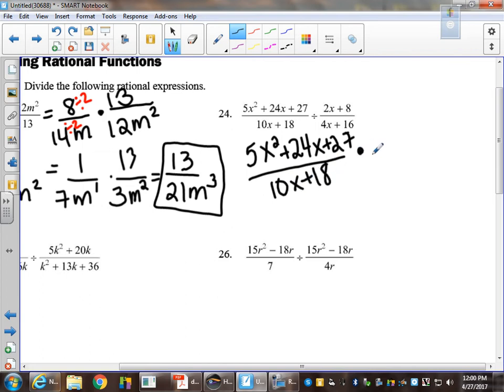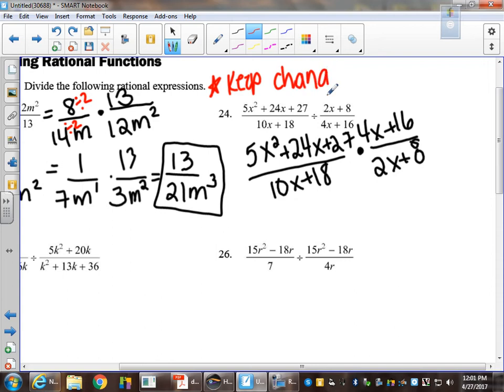Change the sign to multiplication. And flip the second fraction. So a little helpful hint, if you want to write this at the top of your study guide, for dividing only: keep, change, flip.